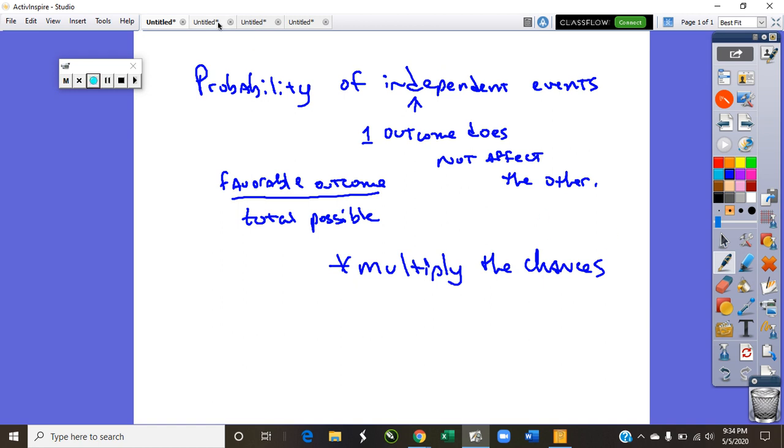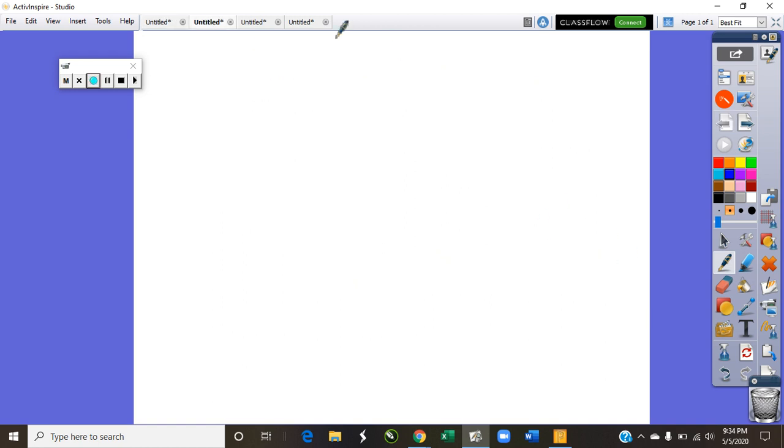Now it sounds complicated, but it's not, I promise. So let's take a look here. Let's think of a number cube, like a die you use in a game, and let's say that I'm going to flip a coin.